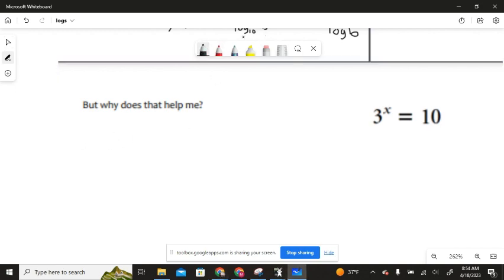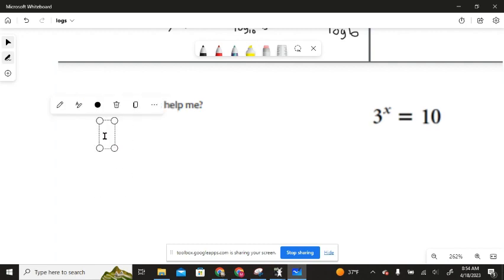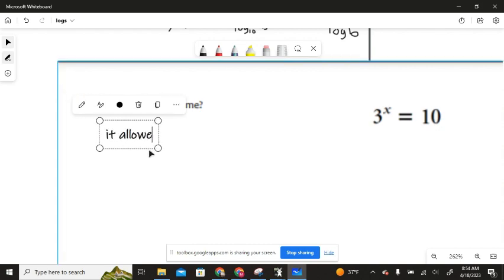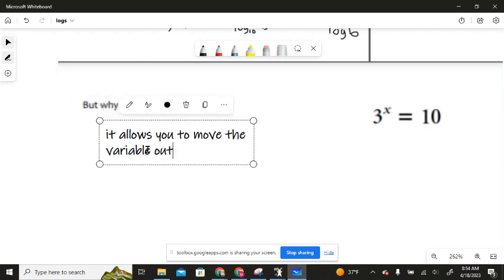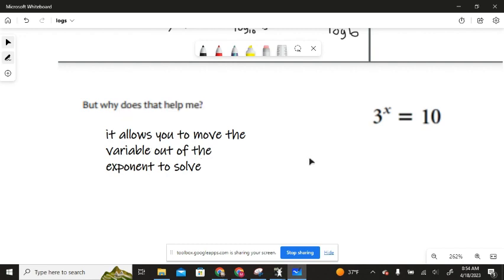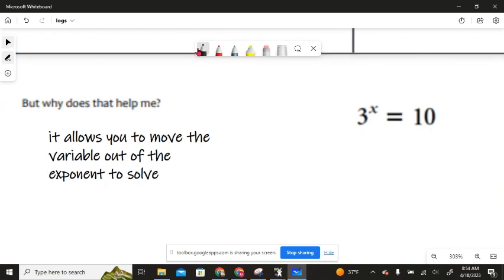For this, it's important for us to know: when we take the log of both sides, it allows you to move the variable out of the exponent to solve.